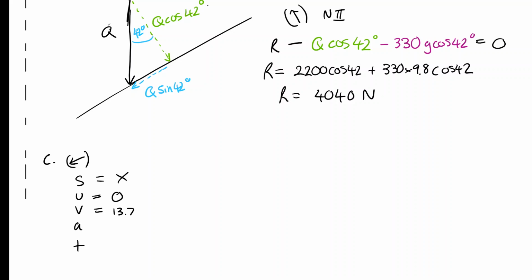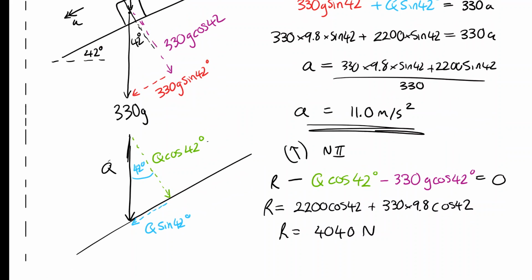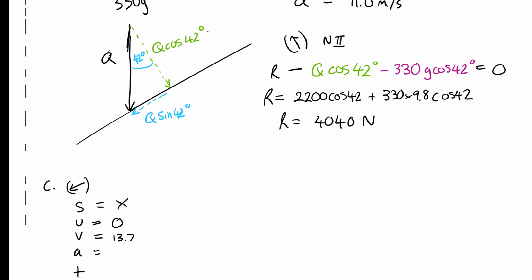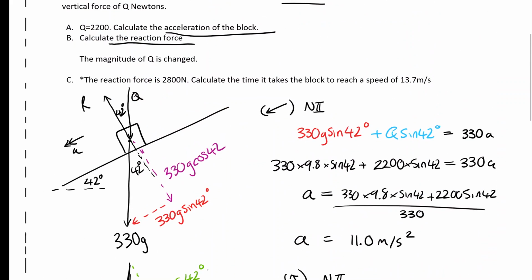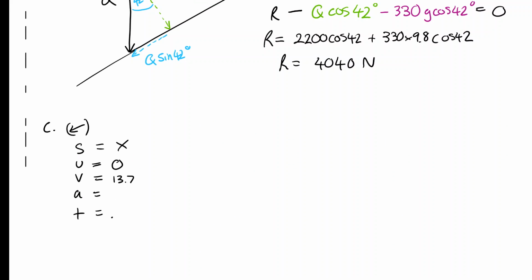It gets up to a speed of 13.7 meters per second down the slope. The acceleration we don't know, because it's not this value here, because that was the value when Q was 2,200, but now Q has changed. So we don't know that. And the time is what we're after. Calculate the time it takes. So we'll put a question mark there.